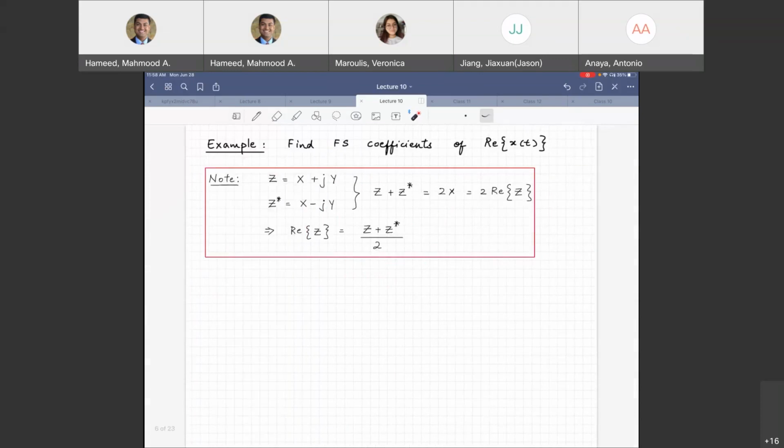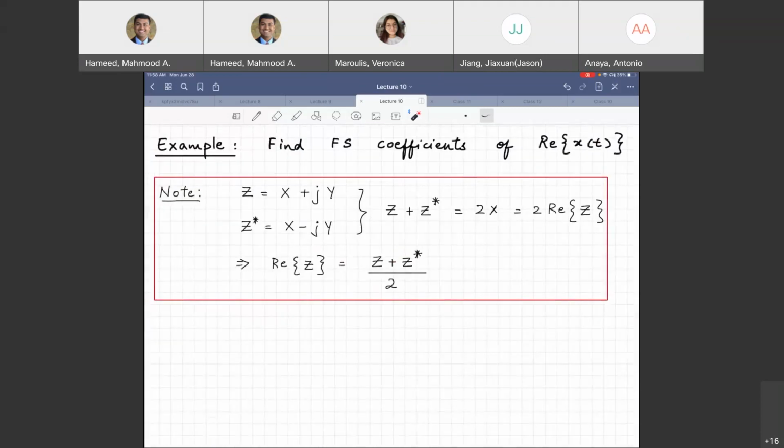Find the Fourier series coefficients of the real part of x of t. In order to do this problem, we are going to use a simple property. If you have a complex number z defined as x plus jy, the complex conjugate of z is x minus jy.